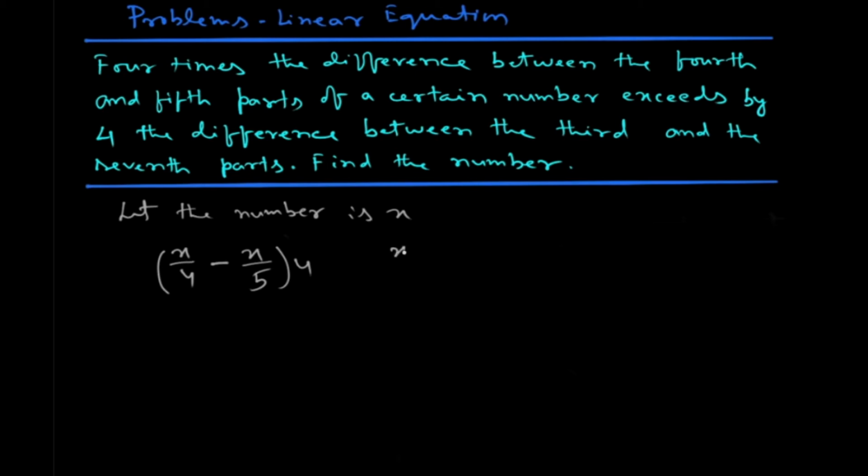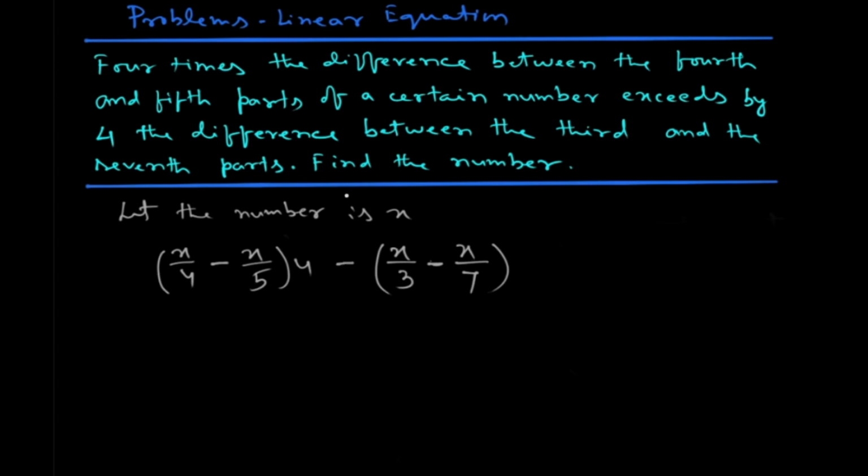Now the third part is x by 3, and the seventh part is x by 7. Now the difference between these two is x by 3 minus x by 7. So whatever may be the value of x, this thing is exceeding this one by how much? That is by 4.